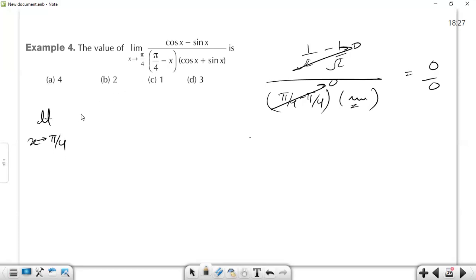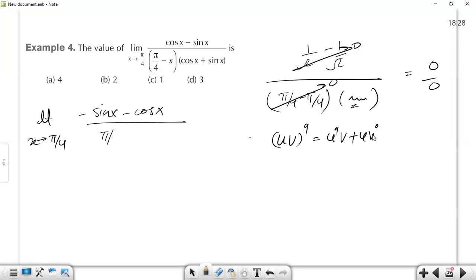Now differentiating cos x will make it minus sin x. Minus sin x will become cos x. Times pi by 4 minus x. Now here the product rule will be applied. UV differentiation is U dash V plus UV dash. Is there anyone aware of what I have written here?